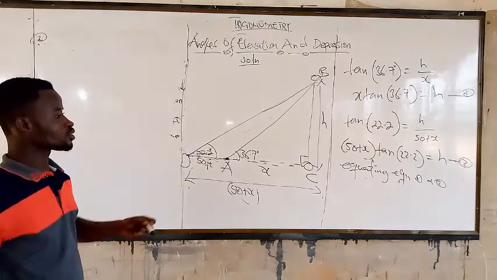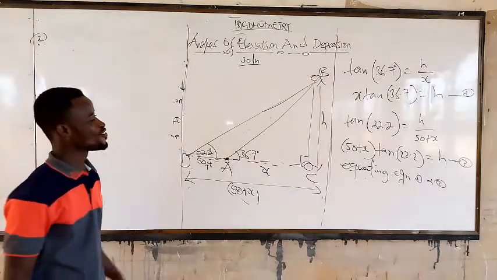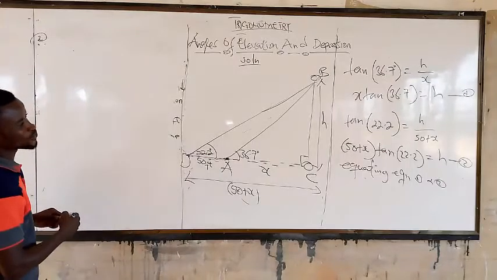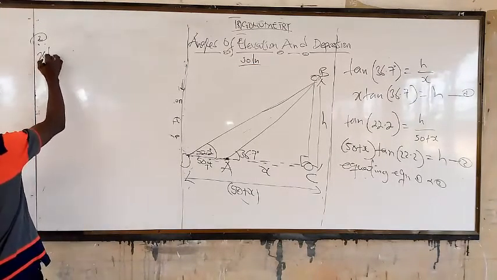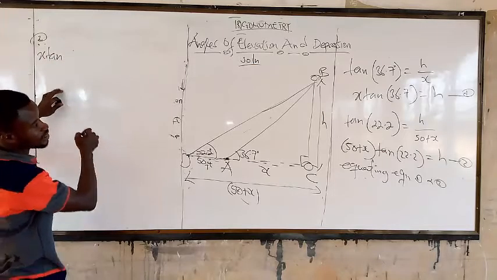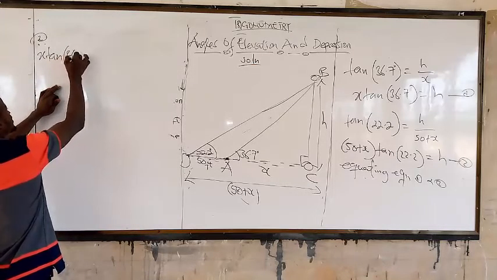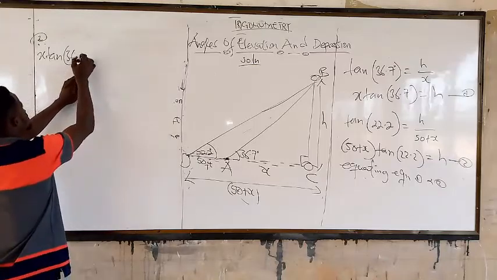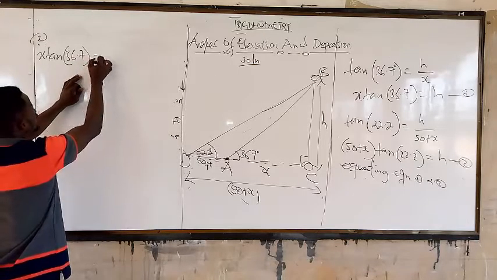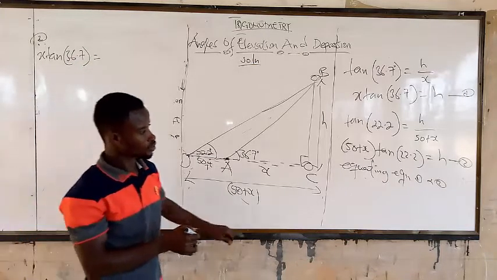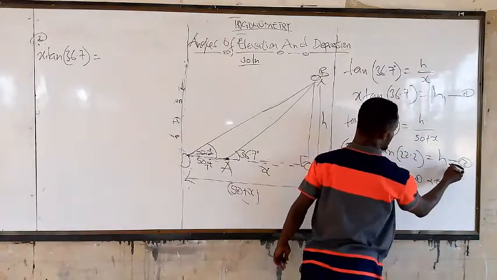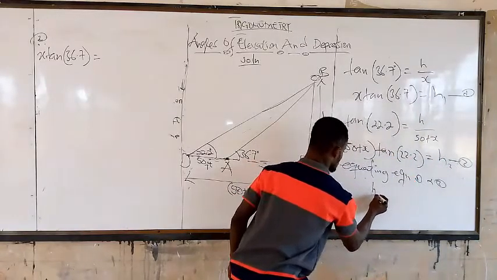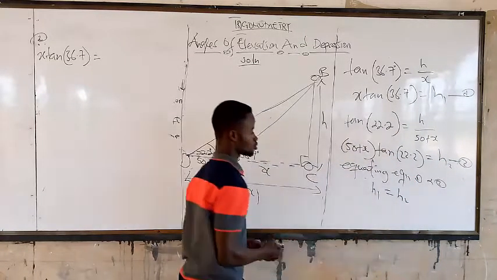So when you equate equation 1 and 2, you get S tan 36.7 equal to... let's name this H1, H2. So H1 is equal to what? H2.